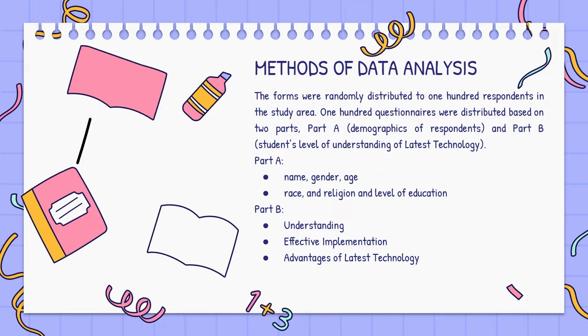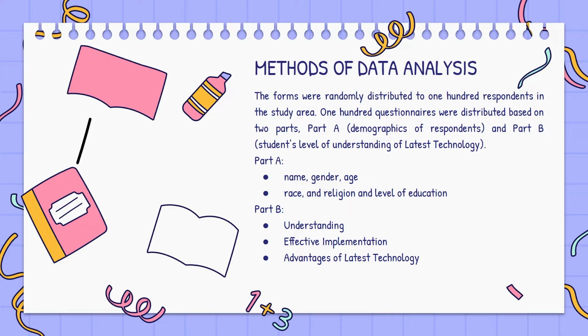Next is the method of data analysis. The form was randomly distributed to 100 respondents in the study area. The 100 questionnaires were distributed based on two parts, which are part A, demographic of respondent, and part B, students' level of understanding of latest technologies.